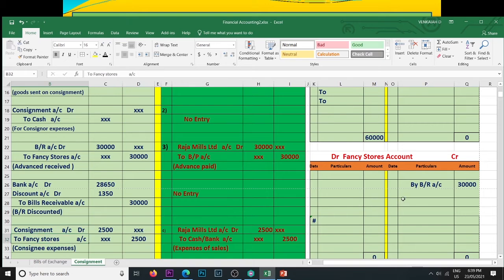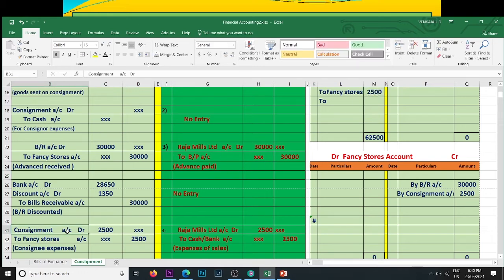So in Fancy Stores account, that is by consignment account, and it is 2,500. And in consignment account debit side, amount is 2,500.